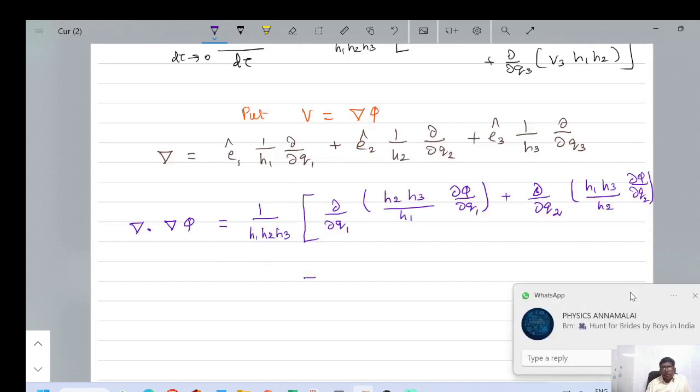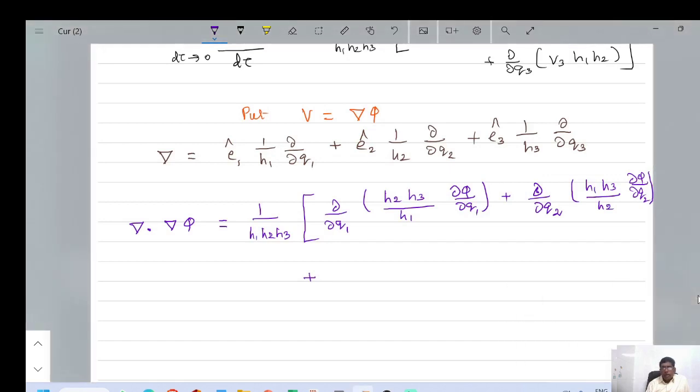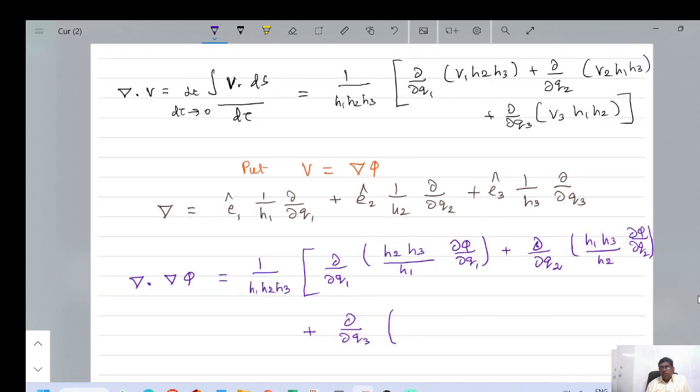Plus ∂/∂q3 of (h1 h2 by h3) into ∂phi/∂q3.